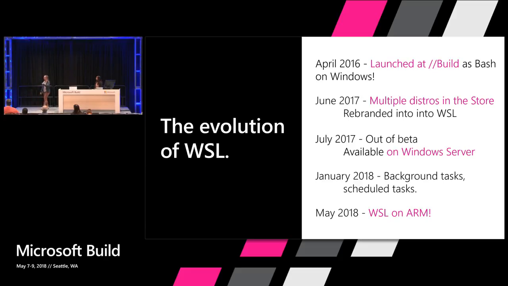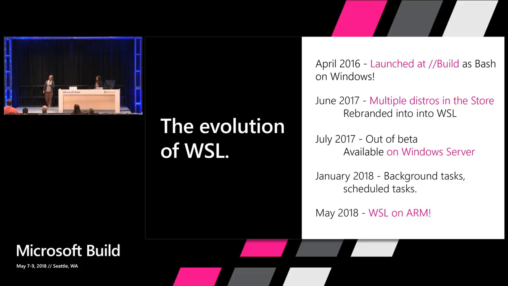So we allowed multiple distributions, rebranded to talk about WSL, came out of beta in 2017. So in July 2017, we moved from being a beta feature to being a full-fledged integrated feature you can use. I'm going to say in production. I still don't mean for production workloads. This is a dev tool. But you can use it in a way that we think is stable and resilient and perfectly acceptable.